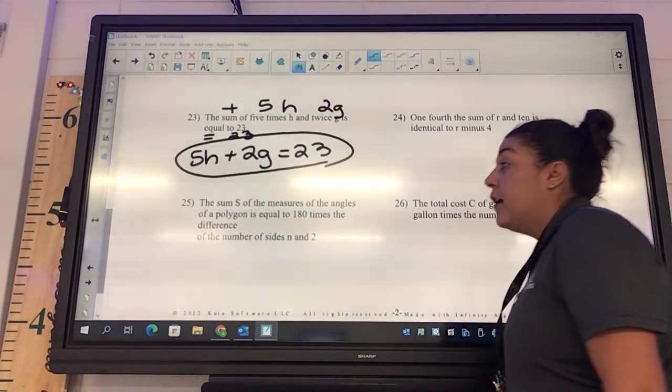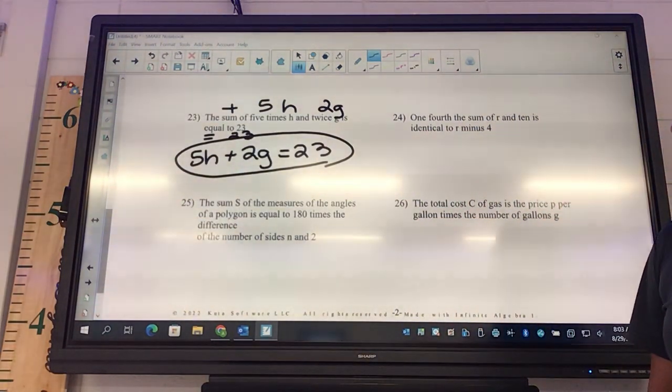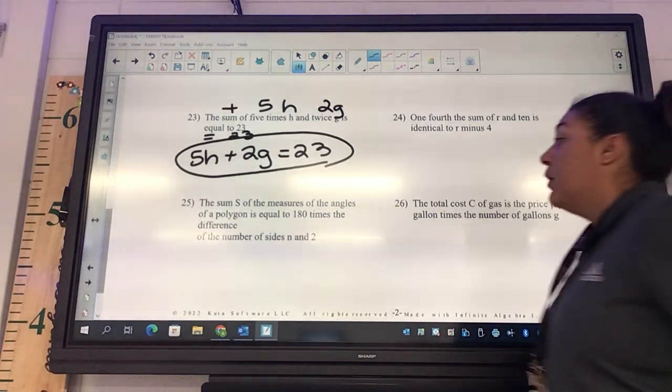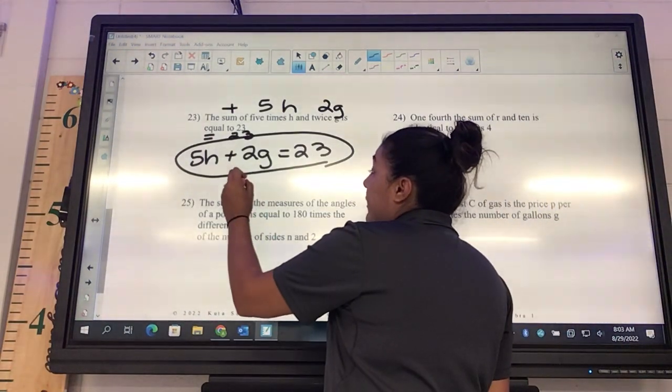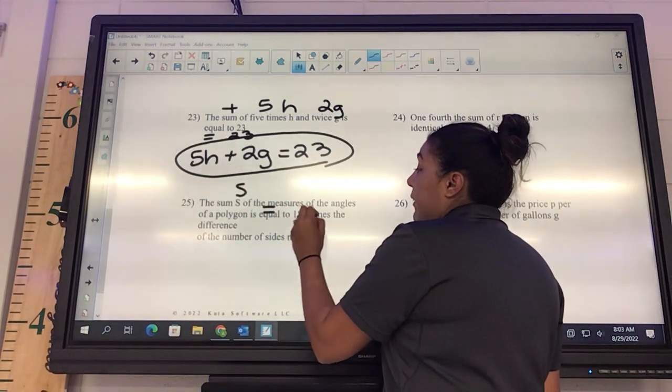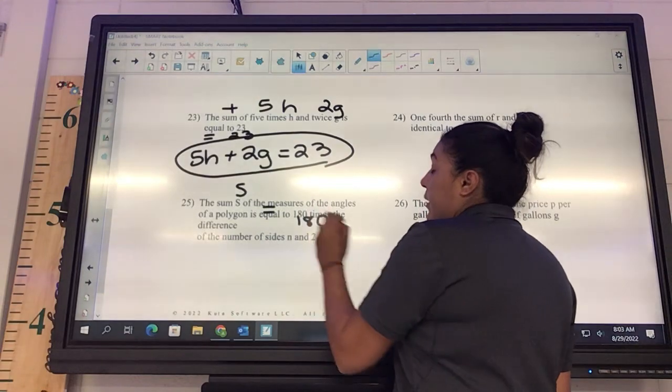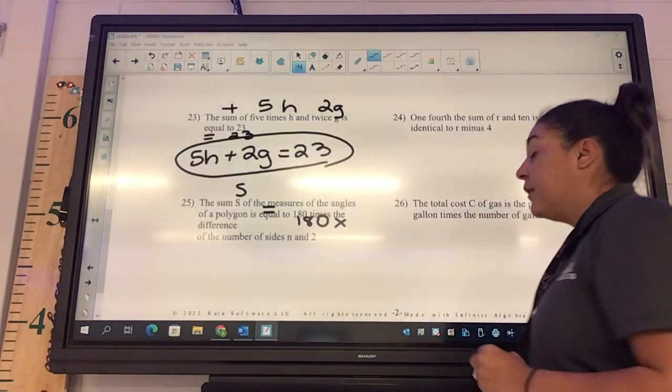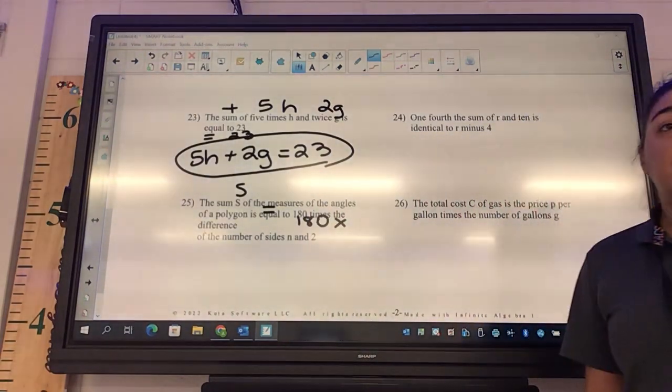Okay, so the sum S of the measures of the angles of a polygon is equal to, so we know we got the sum S, that means the answer, is equal to 180 times the difference. What's difference mean?